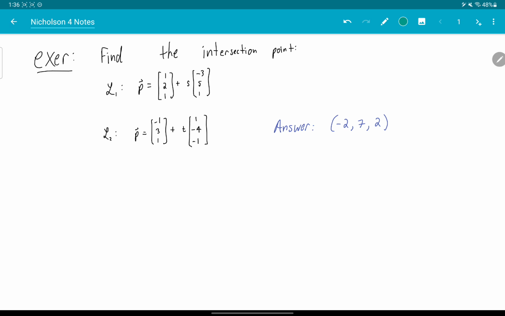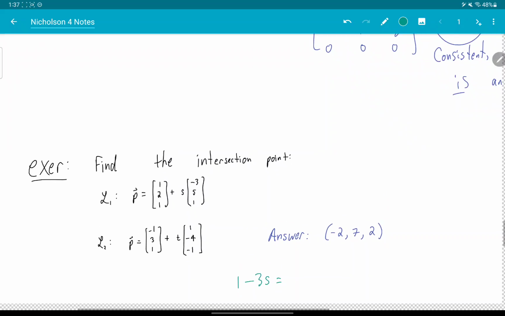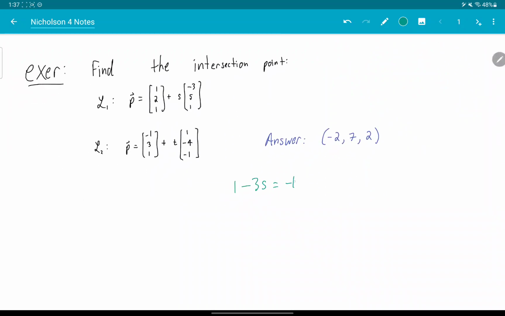Okay, first thing to do is to convert to parametric form. So you should end up with a system, something like 1 minus 3s equals -1 plus t, 2 plus 5s is 3 minus 4t, 1 plus s equals 1 minus t.